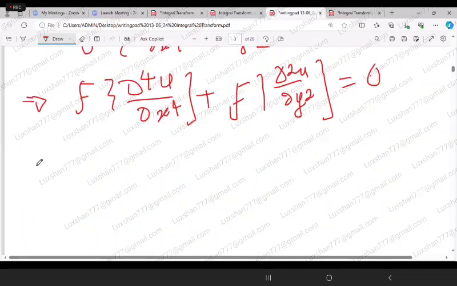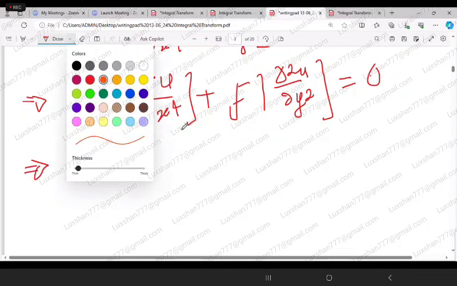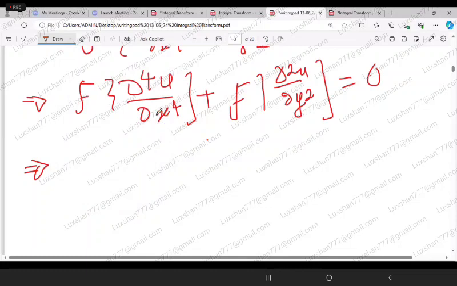As I told you, the variables here are different. Here we want the Fourier transform of the fourth derivative with respect to x, and here the second derivative with respect to y. So we are considering our transform variable as x.